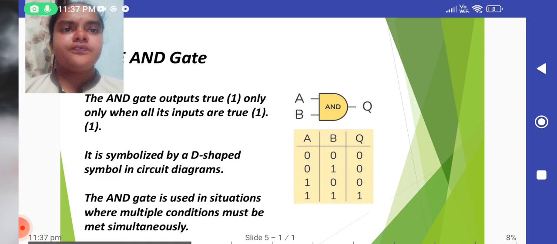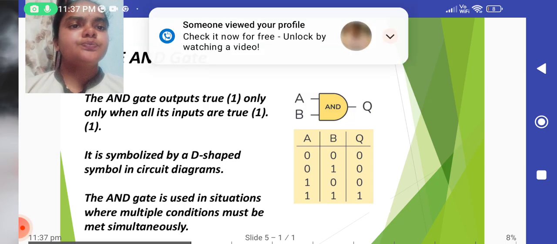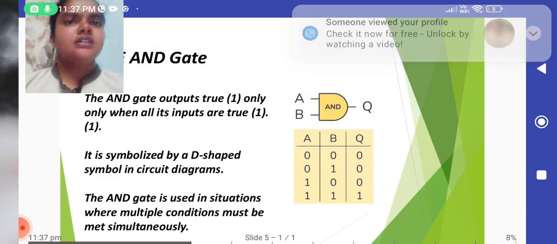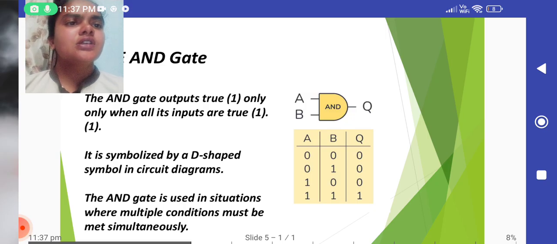AND gate. The AND gate has two inputs and produces a single output. If both inputs are 1, the output is true, that is 1. Let us see the truth table of the AND gate.